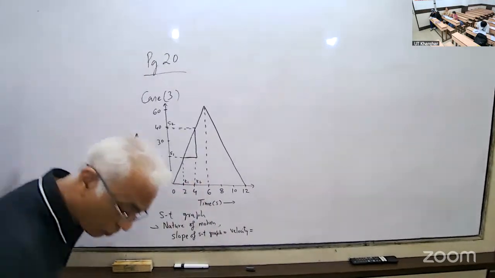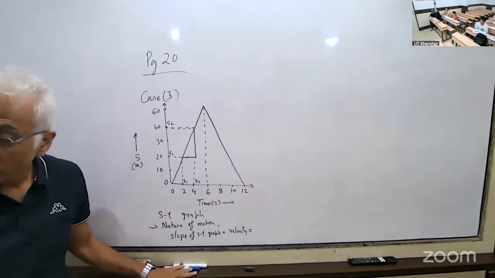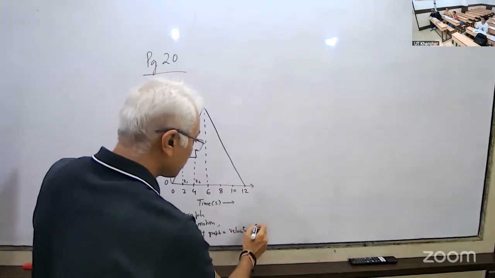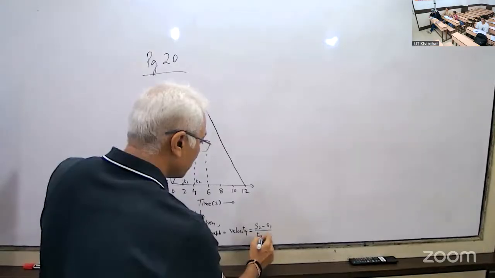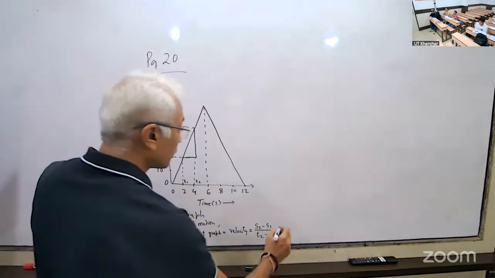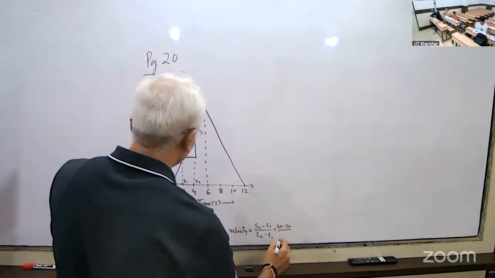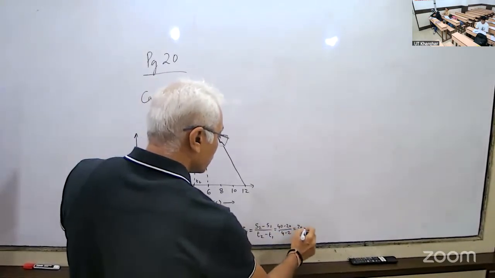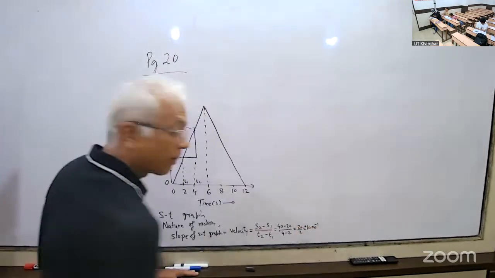Slope is S2 minus S1 divided by T2 minus T1. So 40 minus 20 divided by 4 minus 2, which is 10 meter per second, and this is plus.